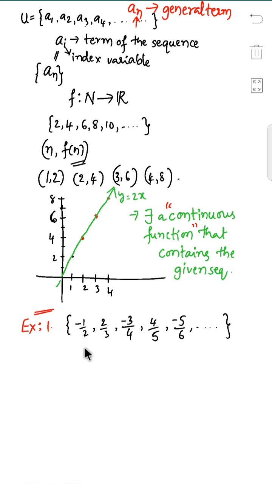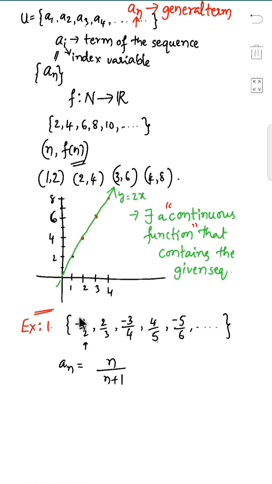Can we find the general term of the sequence? When you observe this, the numerator of any term of the sequence is 1 less than the denominator. So our general term an is n by n plus 1.